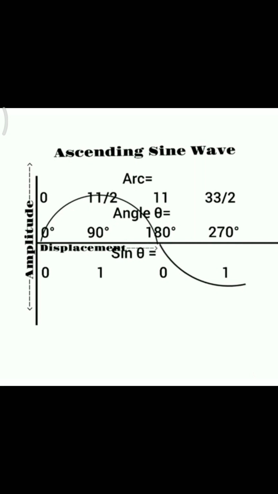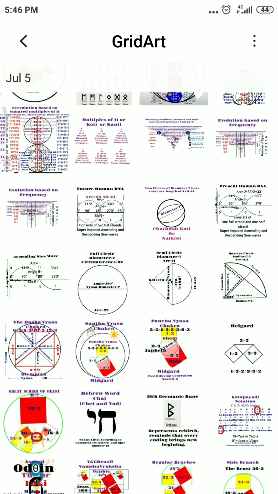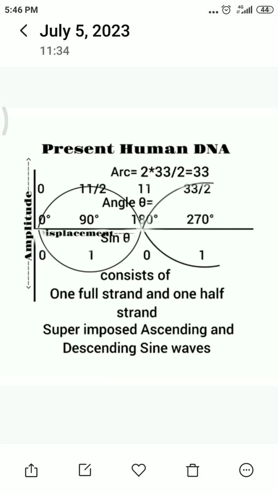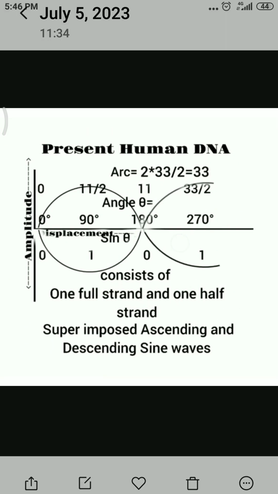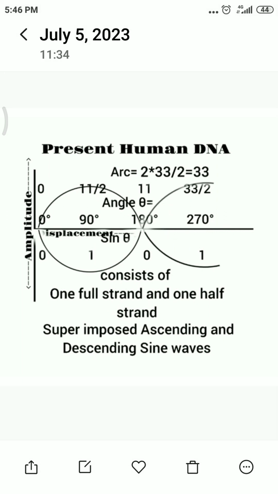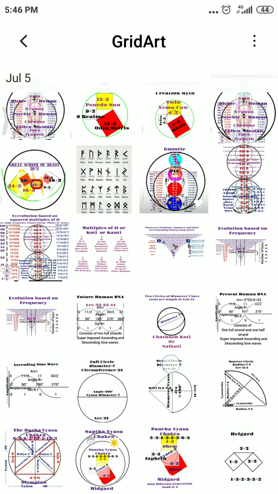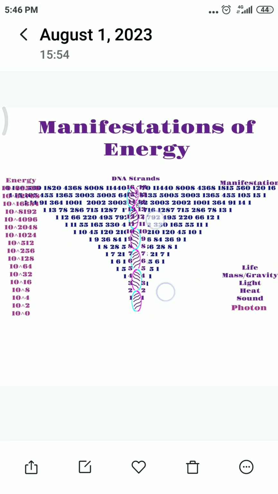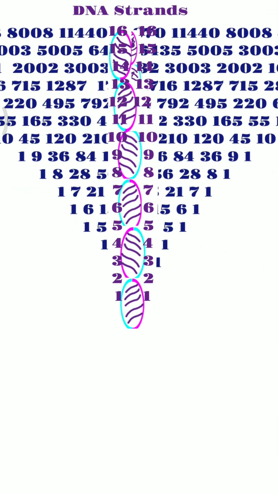So 3 11s. We took that, and also we had two sine waves superimposed, shown here, in the sense it will be like two sine waves only, but offset at 90 degrees. So that will form the regular DNA structure.